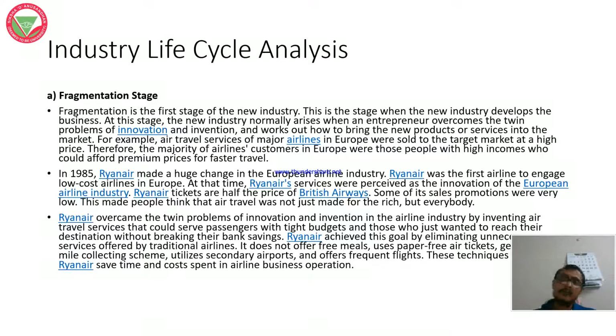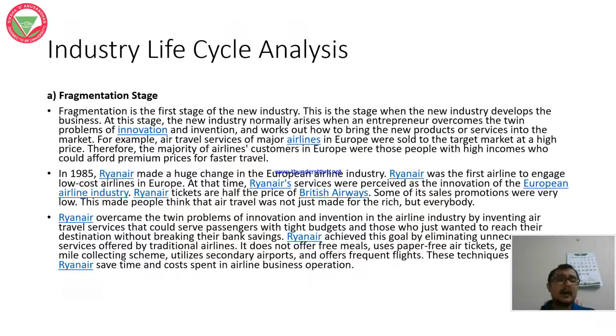Twenty or thirty years back, in the 70s and 80s, air travel was a costlier affair all across the globe, not only in India but in Europe also. Therefore, the majority of airline customers in Europe were high income people who could afford premium prices for faster travel. Of course, if the airfare is higher, then obviously it can be afforded only by the higher class people who are ready to pay premium prices for traveling faster.